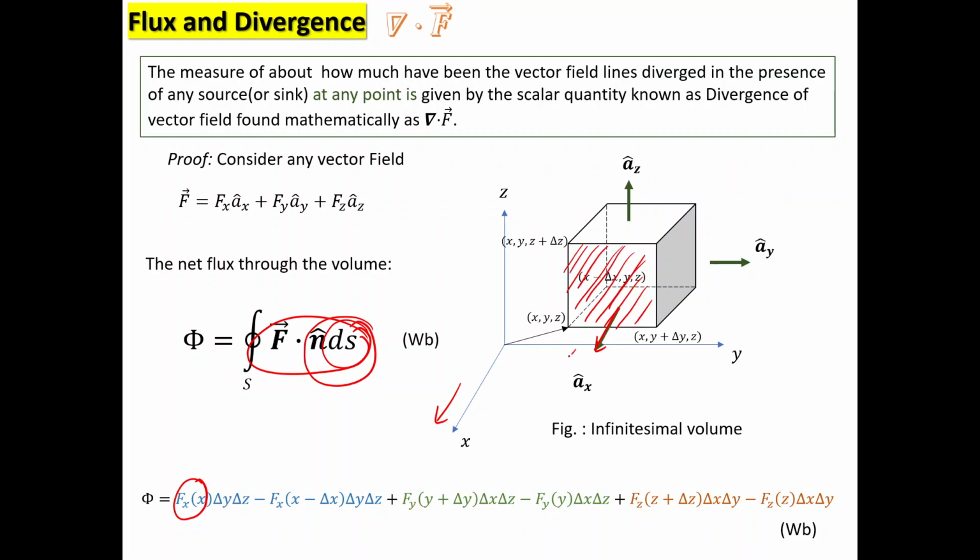The area will be the change in the y direction, del y, and in the z direction, del z. So it will be Fx into del y into del z.